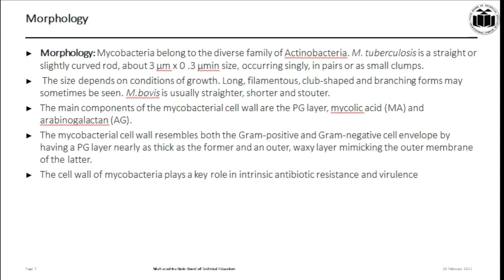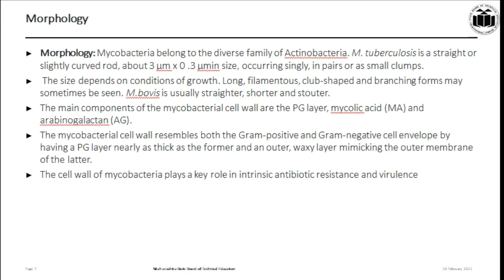This Mycobacterium tuberculosis has a speciality which makes it different and unique from the other pathogenic bacilli. That is, the Mycobacterium tuberculosis consists of mycolic acid and arabinogalactan in its cell membrane, and hence due to this, these bacteria cannot be stained by Gram's solutions.